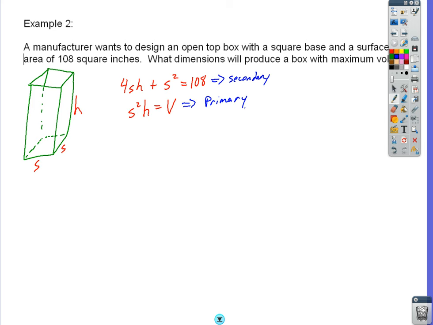Third step now is I need to be able to solve something in my secondary equation and plug it into my primary. The super easy one to solve for is going to be for H. S would be too hard to solve for. So I'm going to solve for H, and when I do that, I get 108 minus S squared all over 4S.